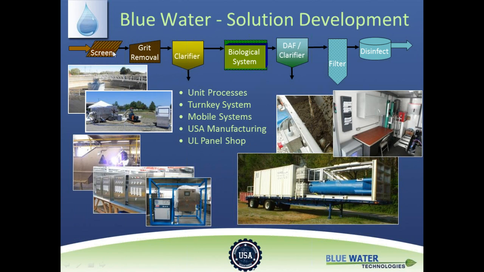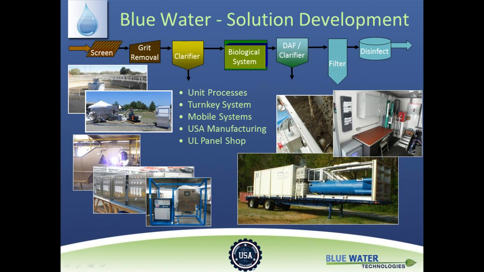We really produce process equipment for a variety of applications and across the board. We focus on being a solution provider as well as being a unit process, high efficiency provider as well. A lot of our product development is in increasing efficiency of unit processes. We provide turnkey solutions, mobile solutions.